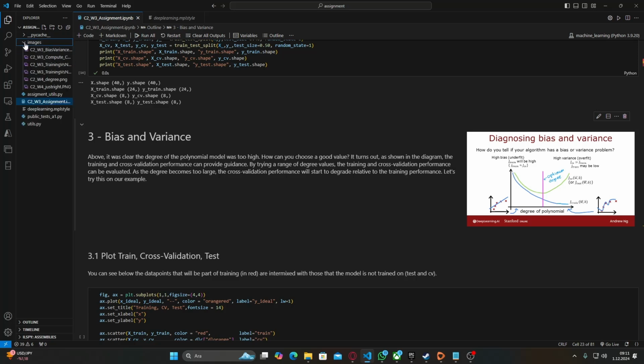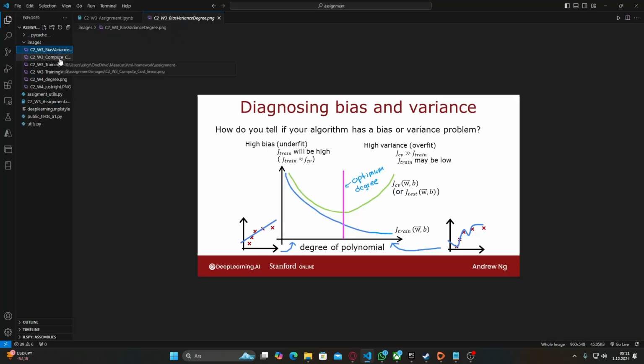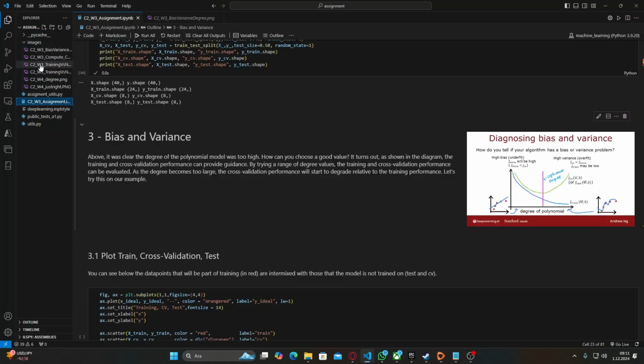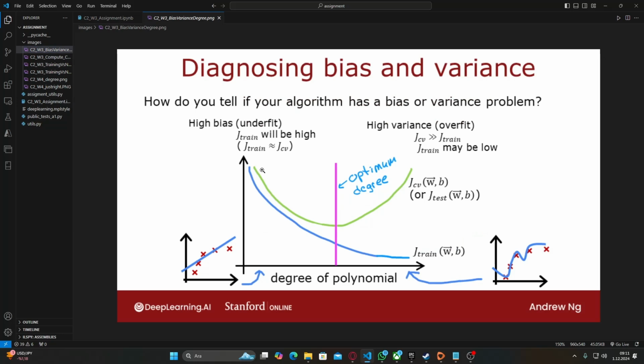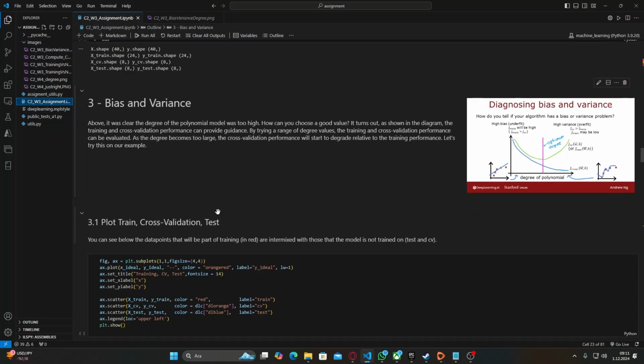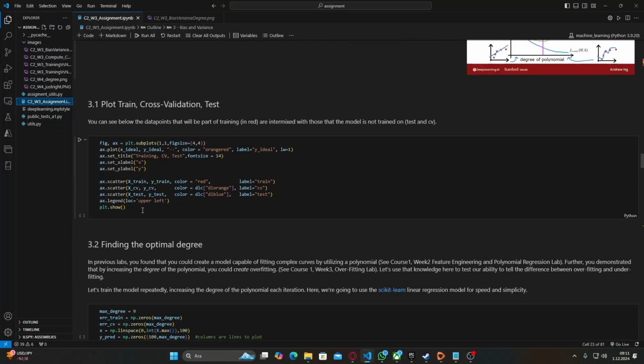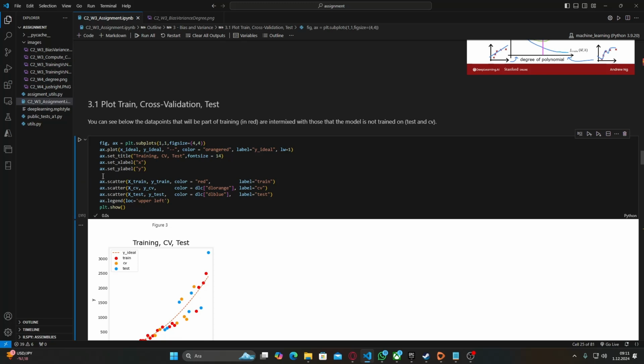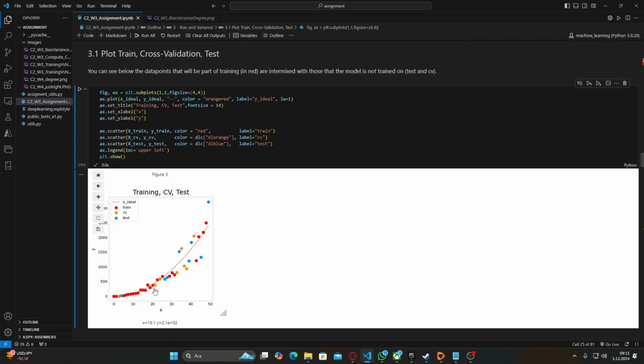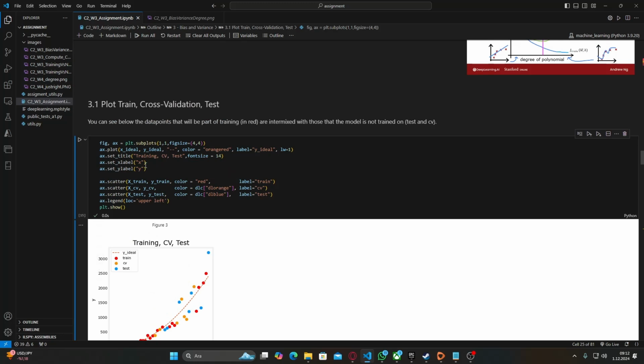Let me try to close. Diagnosing bias and variance, it's in here, and this is the figure. Okay, plot training, cross validation, and test. I'm running this one, and as we can see here, this is our training set, the red ones, and cross validation is the orange, and test data is blue.